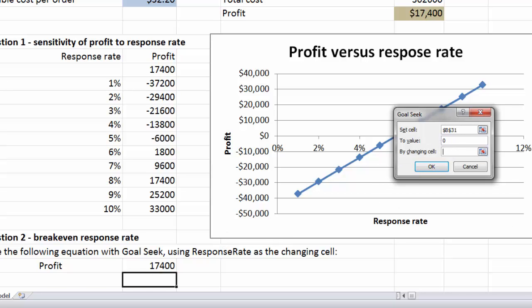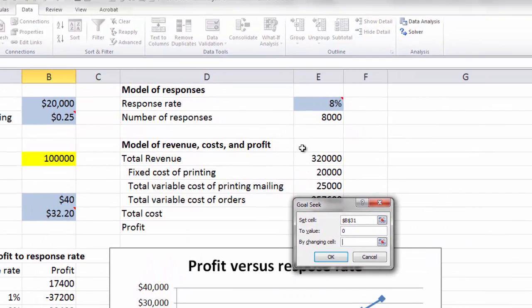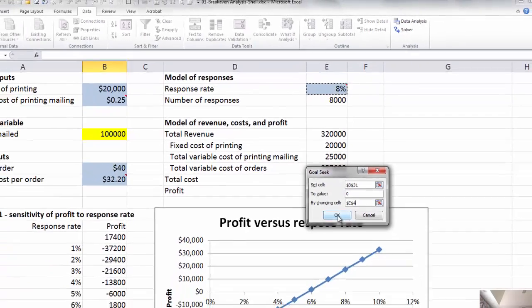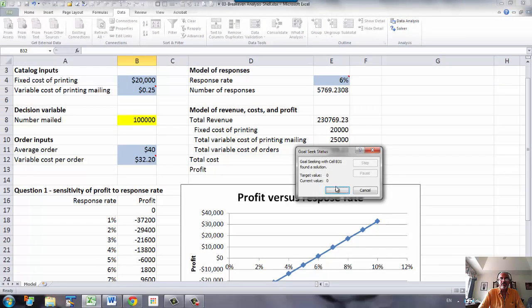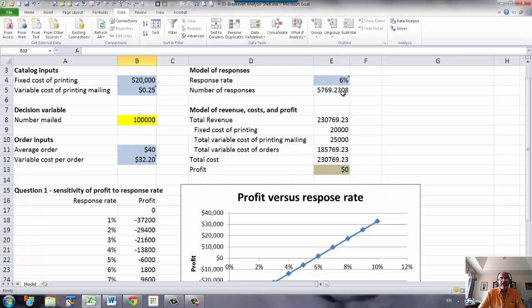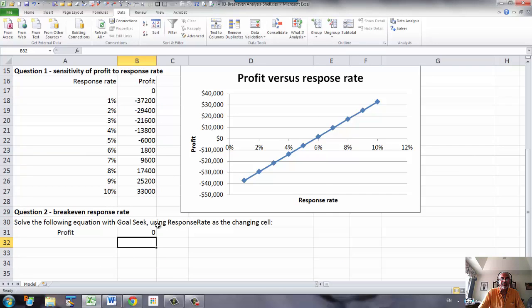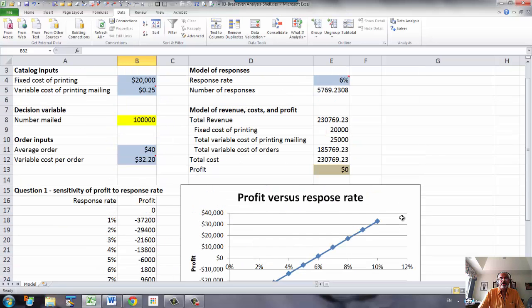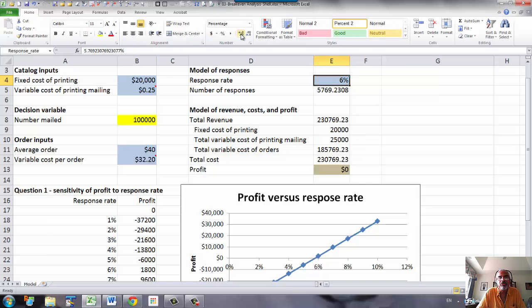And you want to do that by changing the response rate. So response rate is your by changing cell. When you click OK, Excel figures out at what value for that cell you'll get a 0 for profit. So that is your break-even response rate. So this is probably not 6% exactly. If you want to increase the decimal places, then you will see at what precise response rate you will have a break-even point.